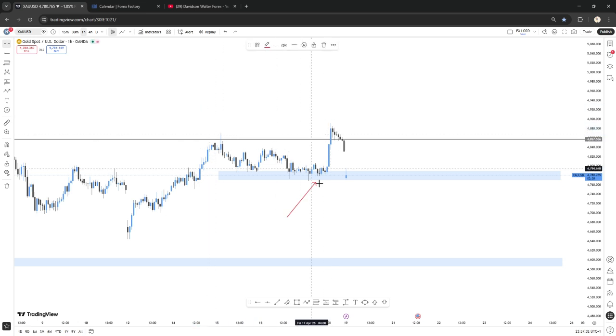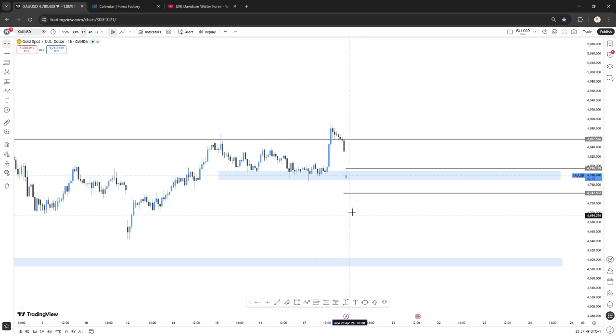That being said, I'm already in on this trade. I have my position just above the support level, a little bit above the support. My stop loss is somewhere around here, if I guess right.